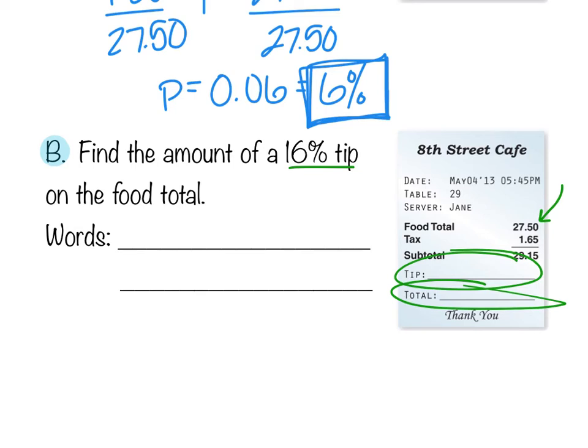So 16% tip. We want to know what 16%, so what number, it's a dollar amount, right? So it's going to be a number. What number is 16% of the food total, which again is 27.50.